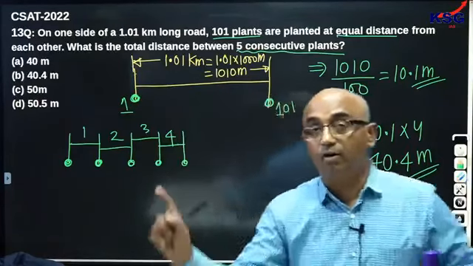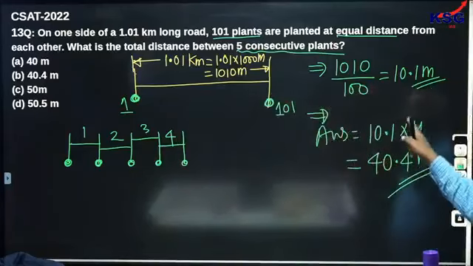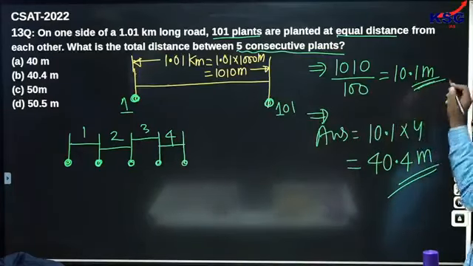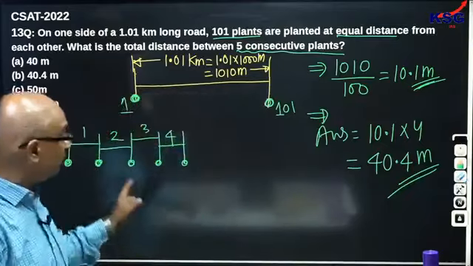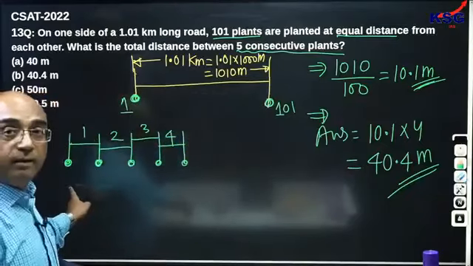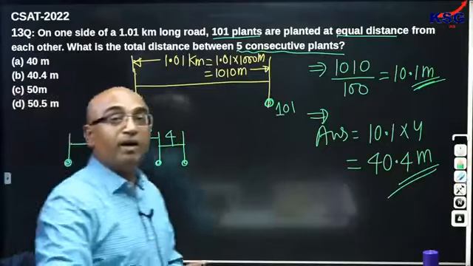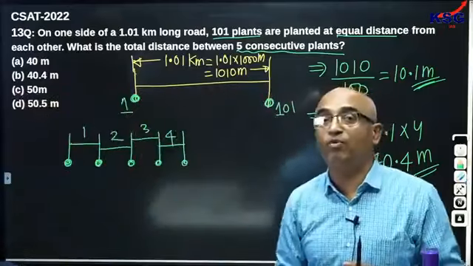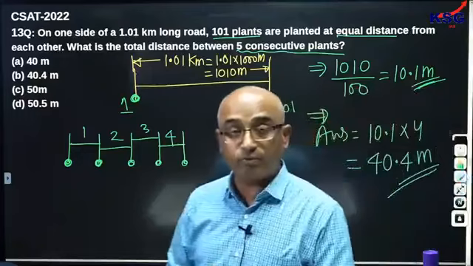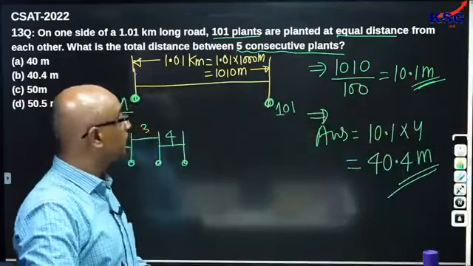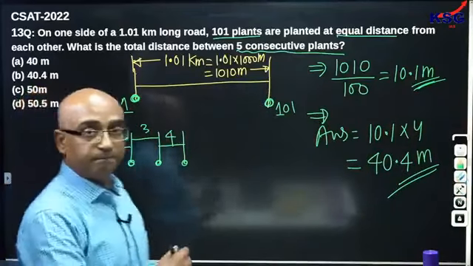Listen here, 10.1 means after every 10.1 meter, one new plant is planted. And see the second diagram. Between 5 consecutive plants, only 4 equal gaps will be formed. That's why 4 into 10.1, the only correct answer is 40.4. So the only correct answer is option B.